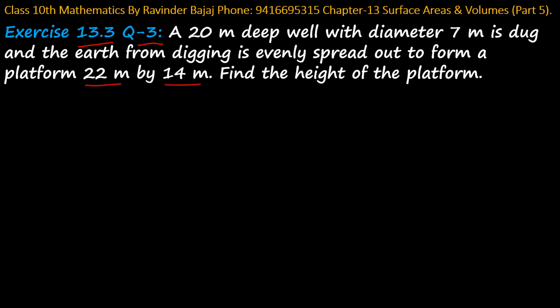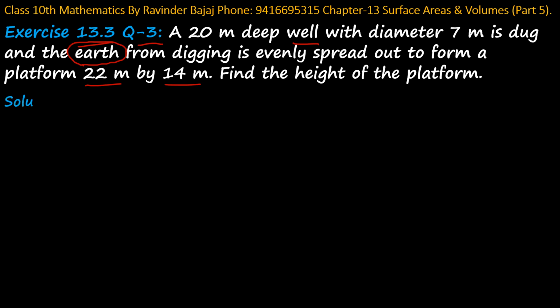So a well is in the shape of a cylinder and the platform is in the shape of a cuboid, and if the soil or the mud or the earth which is taken out from the well is used to make that platform, it means the volume of the well and the volume of the platform will be equal. So we will equate the volume of a cylinder and the volume of this cuboid.